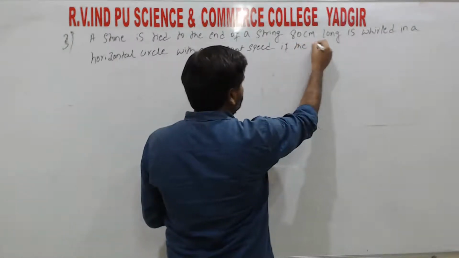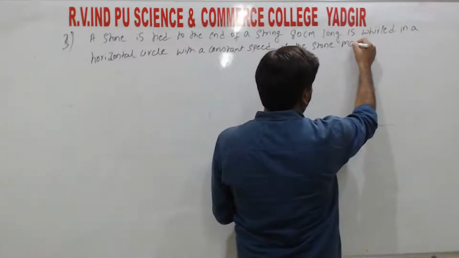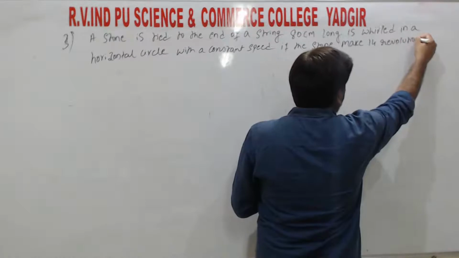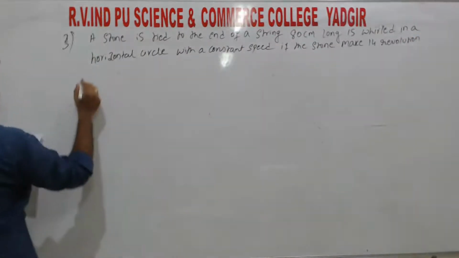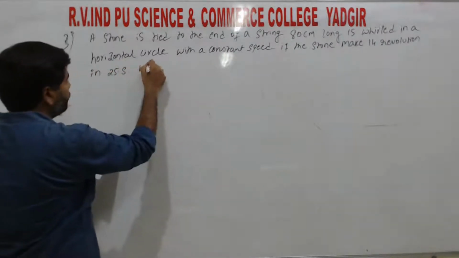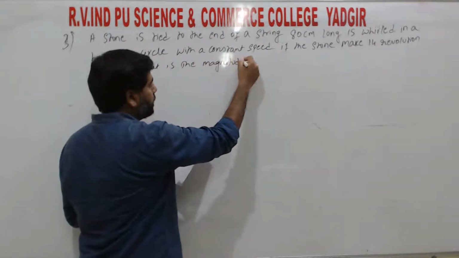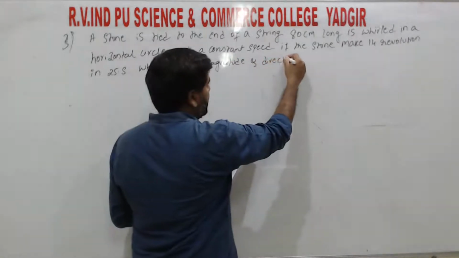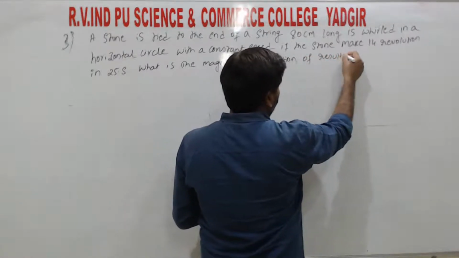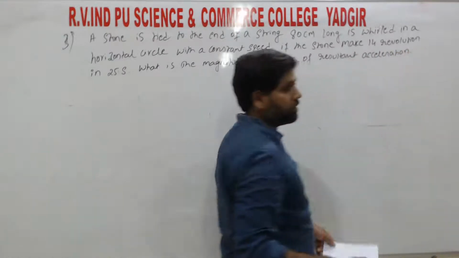If the stone makes 14 revolutions in 25 seconds, what is the magnitude and direction of the resultant acceleration, right?